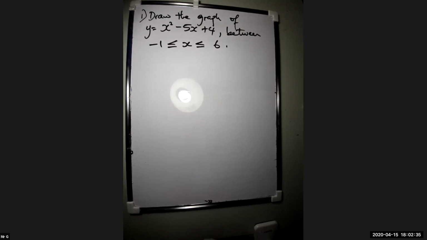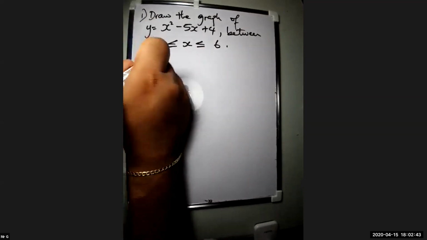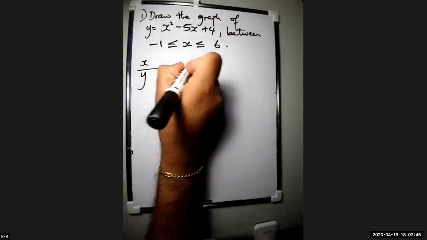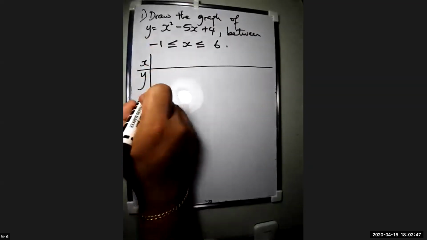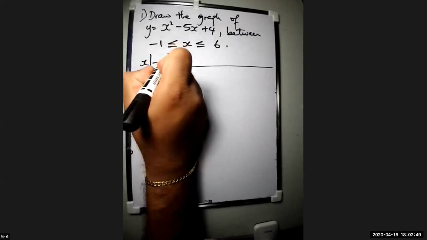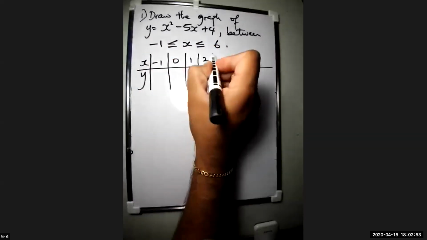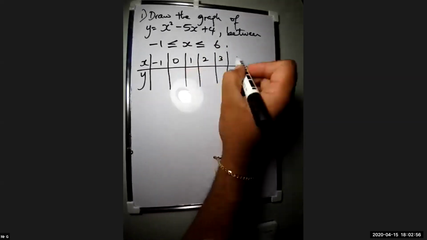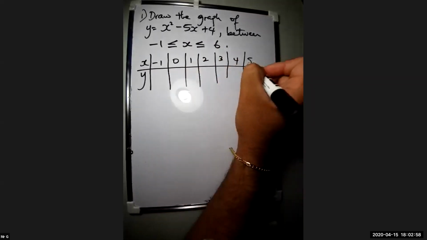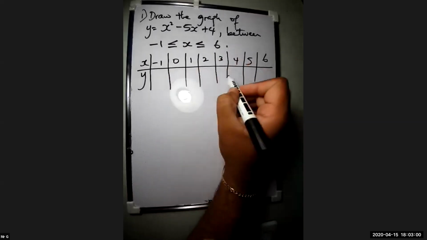Okay, can we do the table of values now? Yes, sir. Okay. So first things first, I'm going to call on some people to tell me the values, right? Okay, so -1, 0, 1, 2, 3, 4, 5, 6.